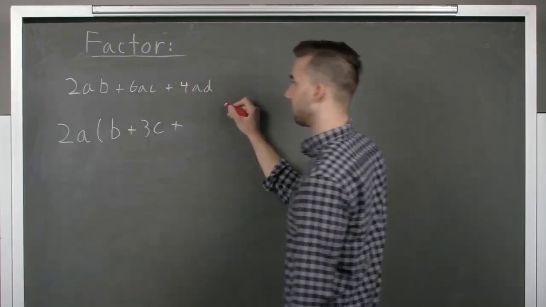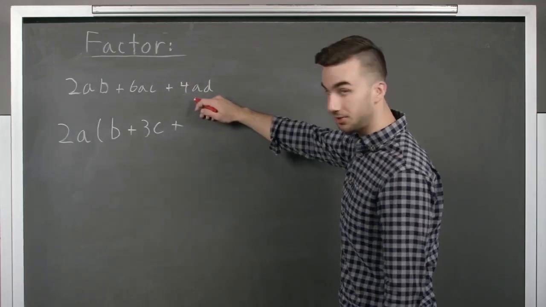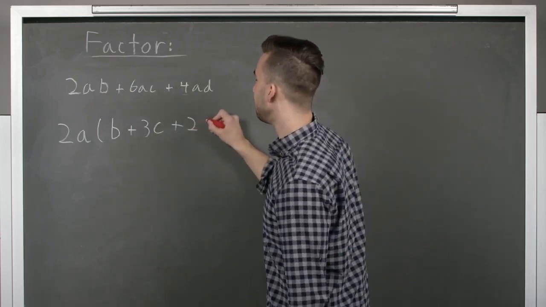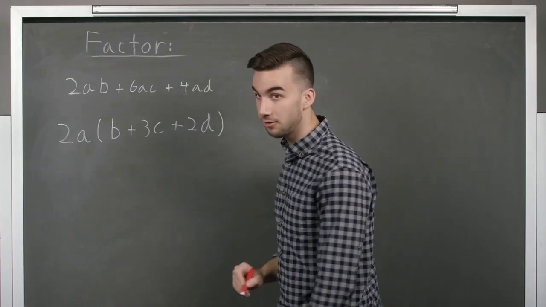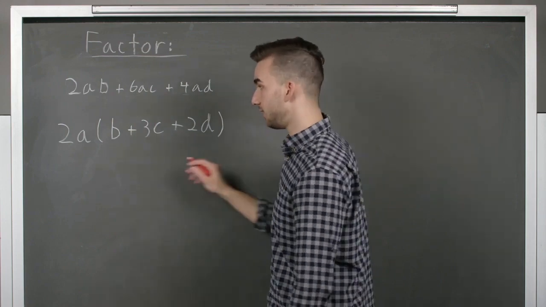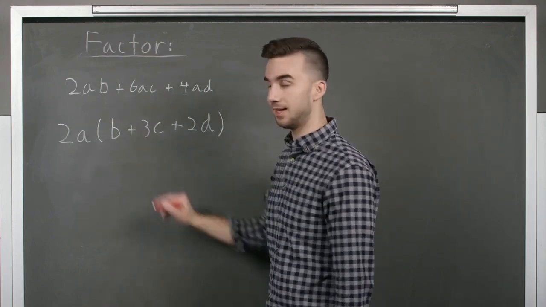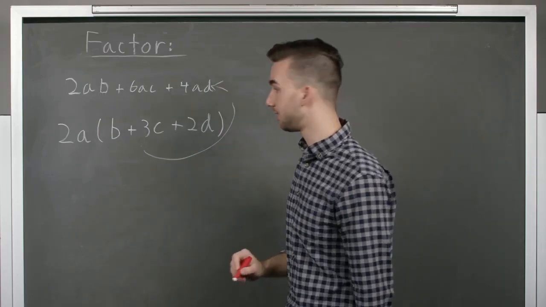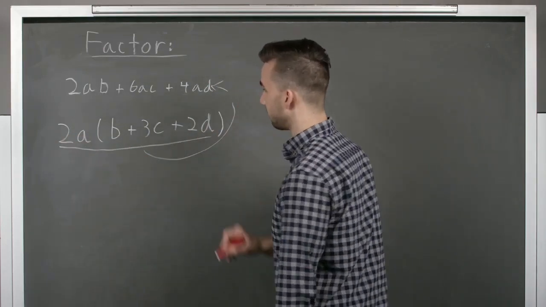Plus, our last term divided by 2a gives us 2d. If you ever want to double check your answer, you can just multiply this out and it should give you your original expression. But that is our solution for this example.